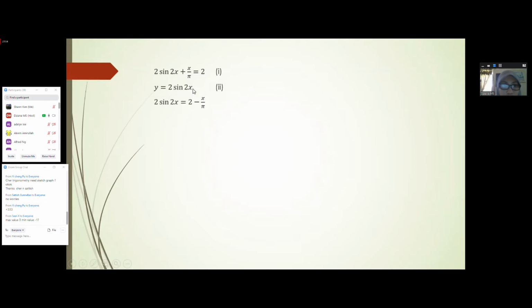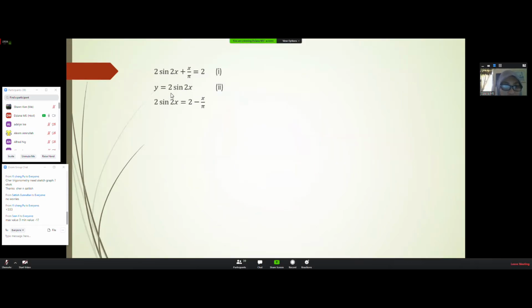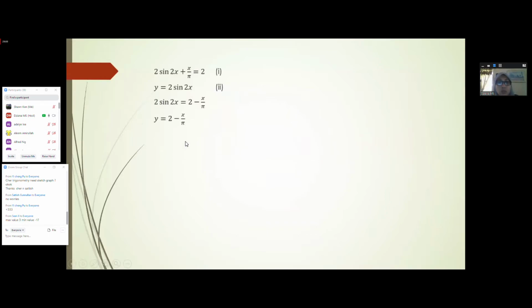So 2 sine 2x equals to y. I can replace this one with y. So I have y equals to 2 minus x over pi. Okay, that is actually your straight line. Okay, understand how do I get the straight line? Can someone respond yes or no?